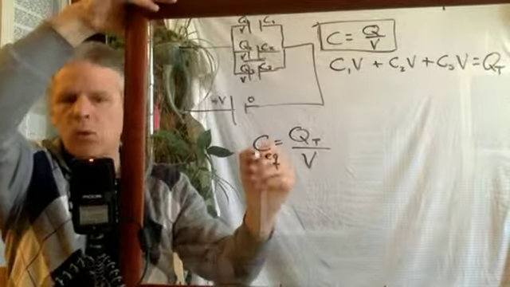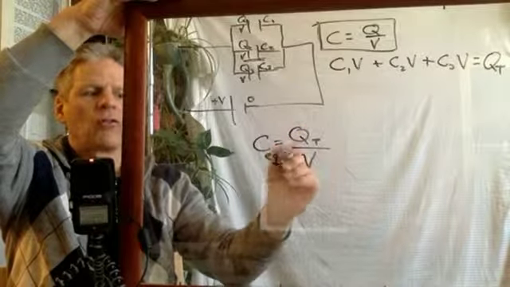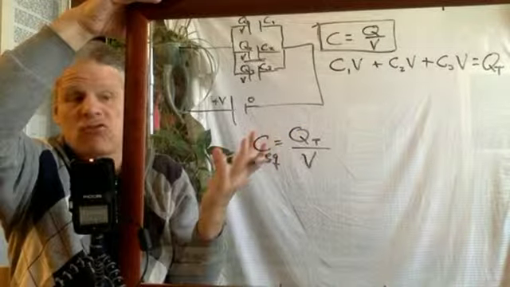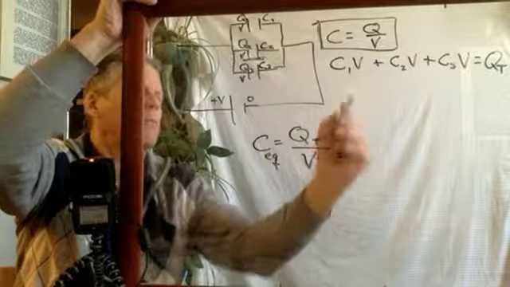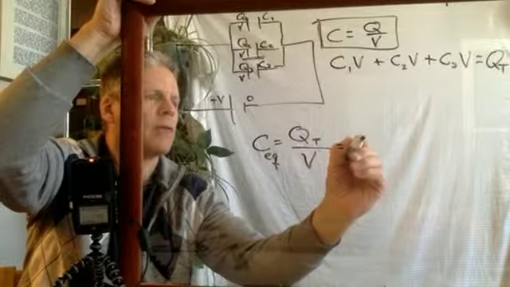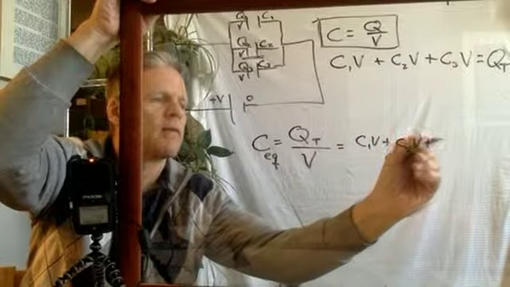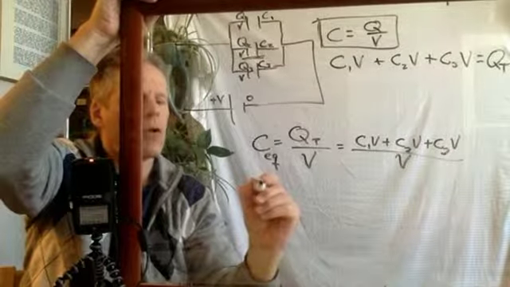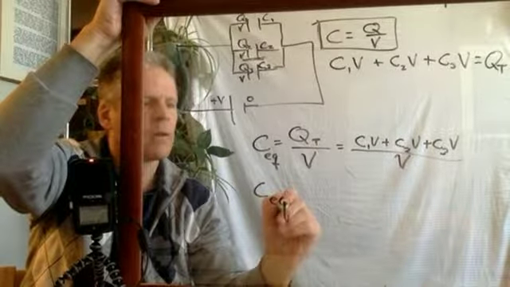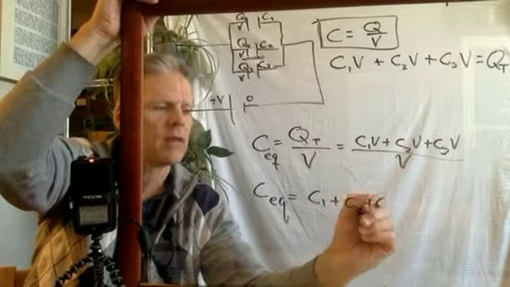So the C equivalent for this would be whatever this total charge is divided by the voltage. Okay, just by definition. So we're just going to substitute in what this is. We have C1V plus C2V plus C3V divided by V. And so our equivalent is just C1 plus C2 plus C3.